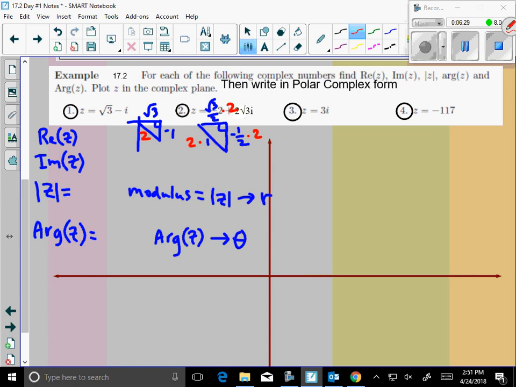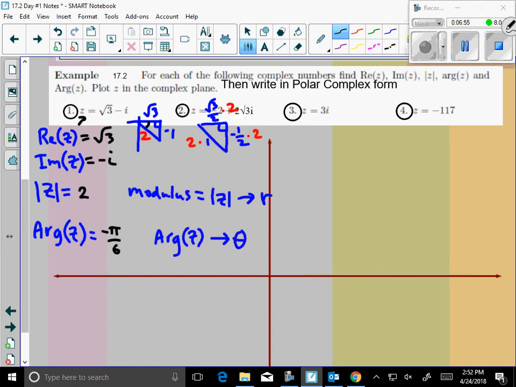So as I look at these items over here, identifying these, the real portion of z here is root 3. The imaginary portion of z is negative i. The modulus is the same as r, which is 2. And the argument, you just have to be able to identify here, is negative pi over 6.